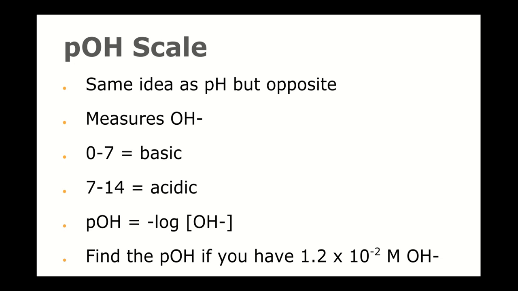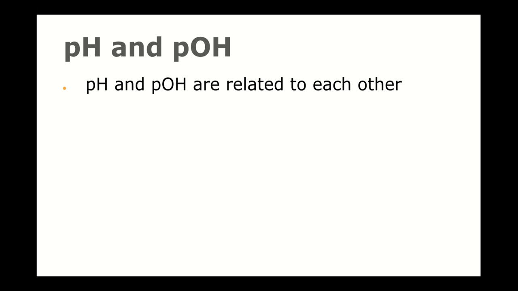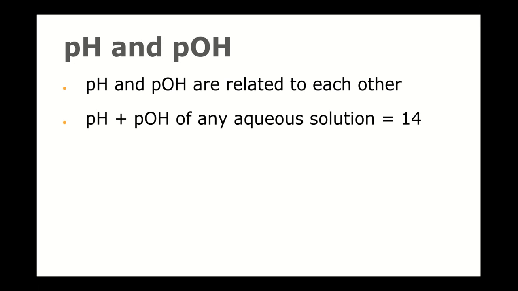Now, what we're going to do is tie these two things together, and the common thread is that these are related to each other. pOH and pH are related through this concept. Any solution that's dissolved in water, the pH and the pOH are always equal to 14.